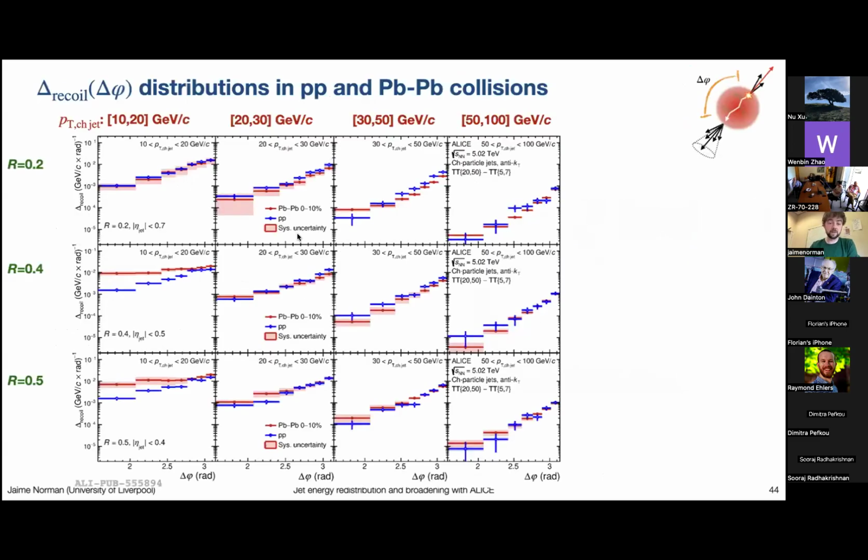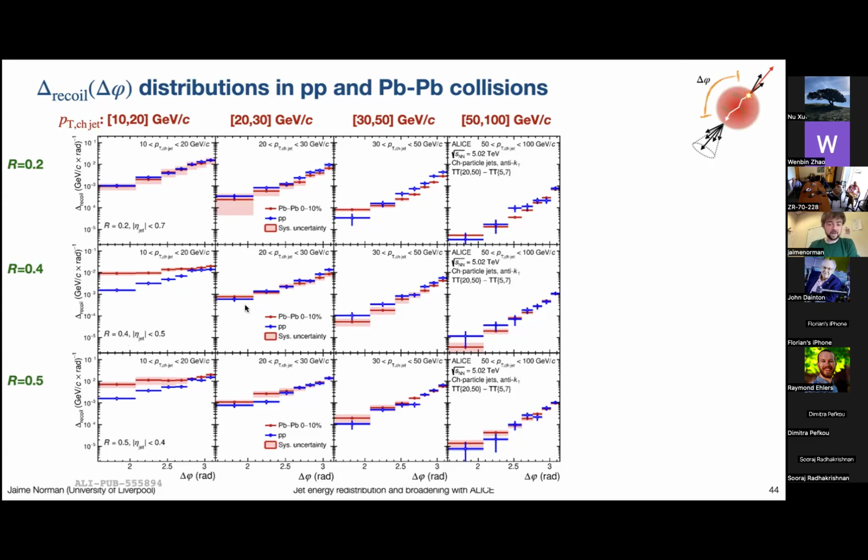I show here the full range of data that we have. These are the delta phi distributions for jet pT ranging from 10 to 20 GeV up to 50 to 100 GeV on the right, for R equals 0.2 jets at top down to R equals 0.5 jets at the bottom.